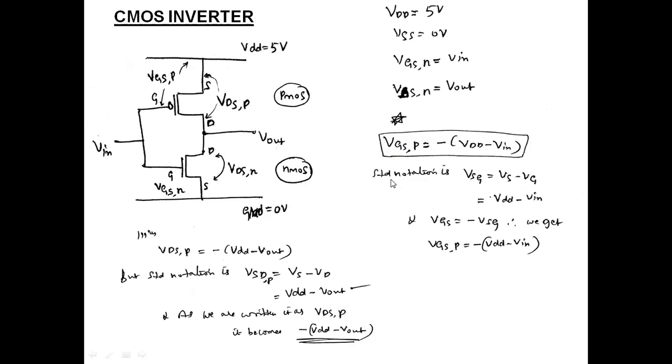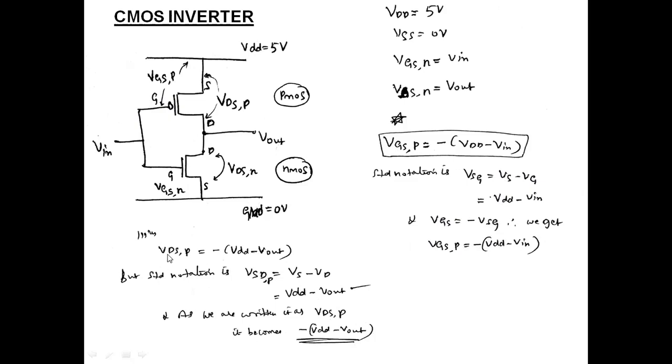So if I'm using standard notation, VSG is given by VS minus VG, where VS is equal to VDD, and VG of this PMOS is given by Vin. So hence VS is equal to VDD and VG is Vin. But as we are using VGS instead of VSG, VGS is equal to minus VSG, hence we get VGS,P equal to minus of (VDD minus Vin).